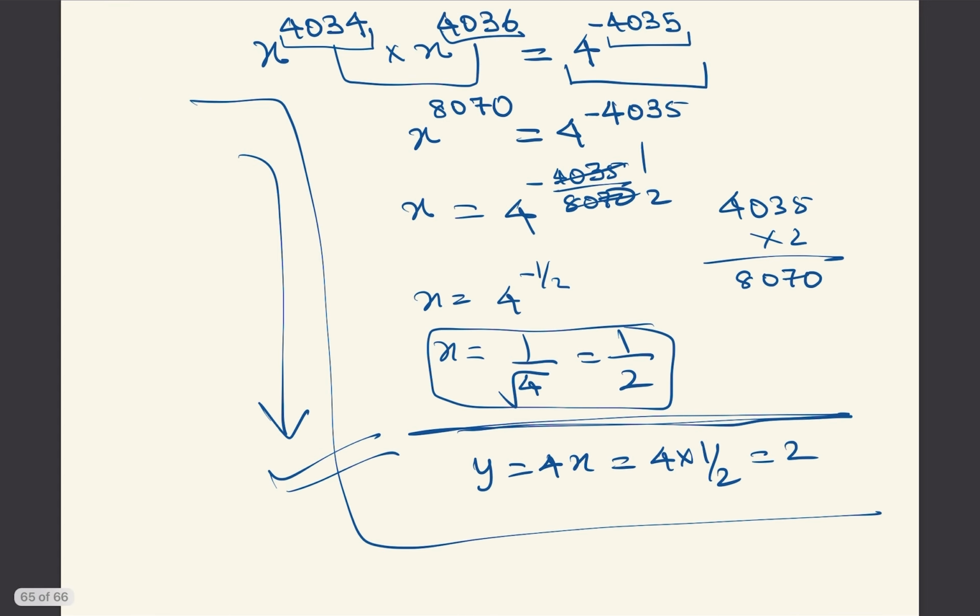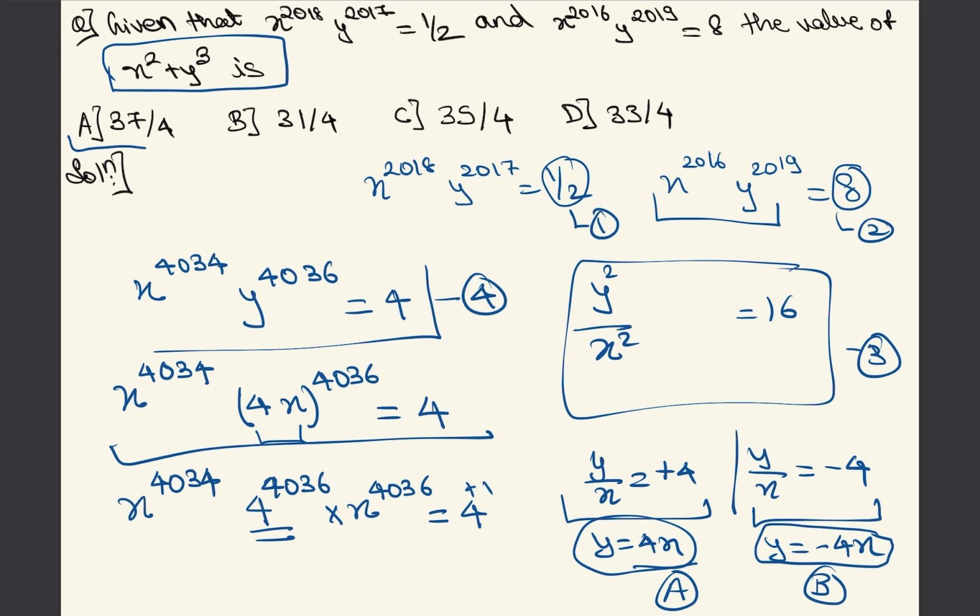Now, if you notice, all of these values are positive. There is no negative value here. The reason behind this is, if y was negative, then it should have been negative here. Even though x is positive or negative, the x power is even and it will not affect the right-hand side, but y's power here is odd, and hence if y was negative, then it should have been minus 1 by 2 instead of 1 by 2.